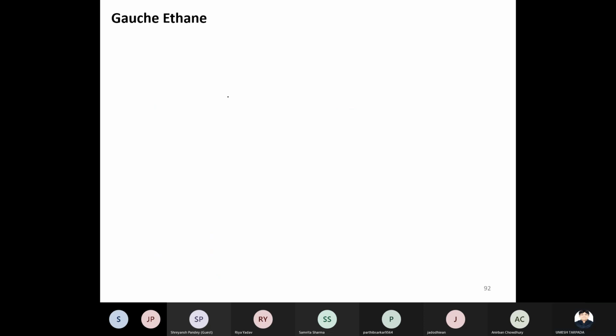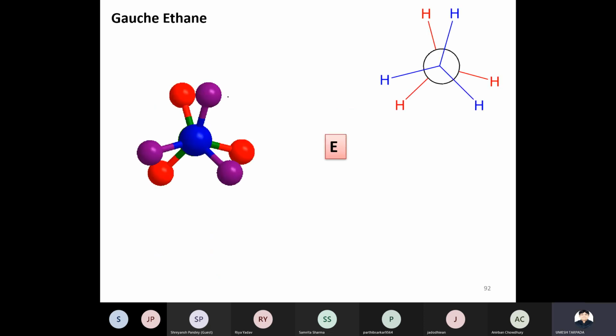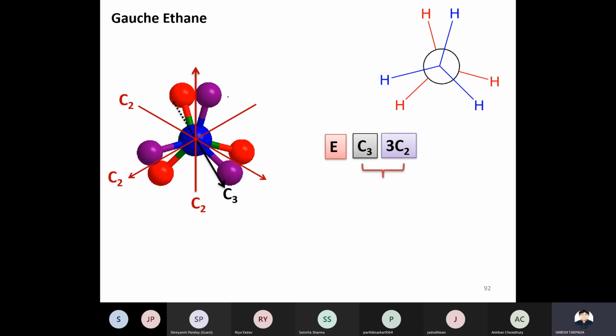See. Now in the case of gauche ethane, this is a gauche conformation of ethane. Okay. So this is a C3. This is C2. There are three C2. See, C3 is perpendicular to 3 C2 in the gauche conformation.